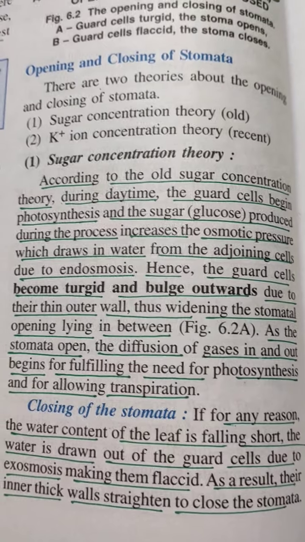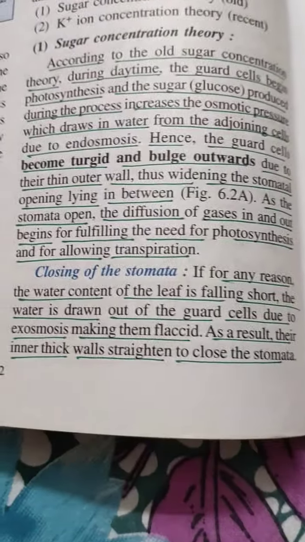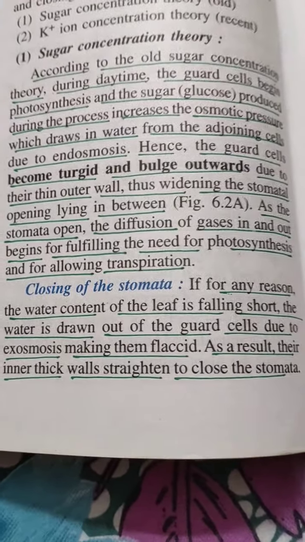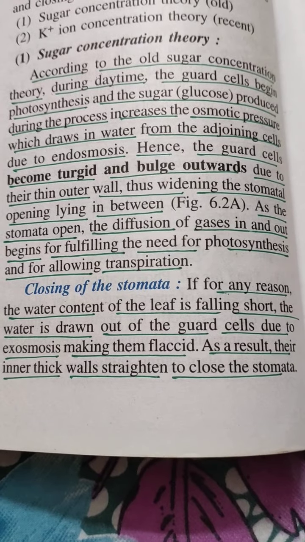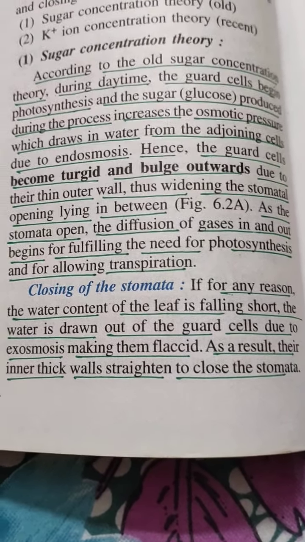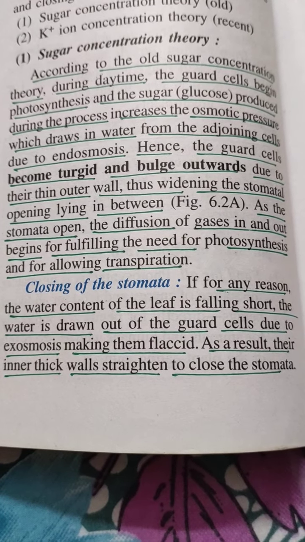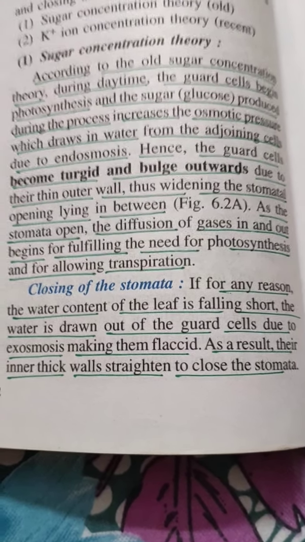If for any reason the water content of the leaf is falling short, the water is drawn out of the guard cells due to exosmosis, making them flaccid. As a result, their inner thick walls straighten to close the stomata.